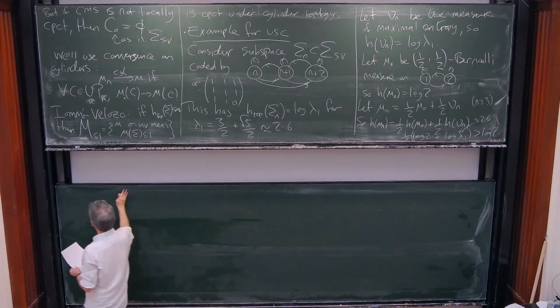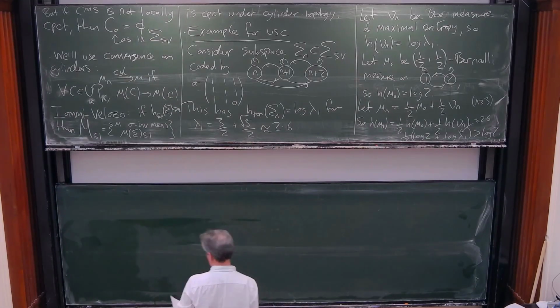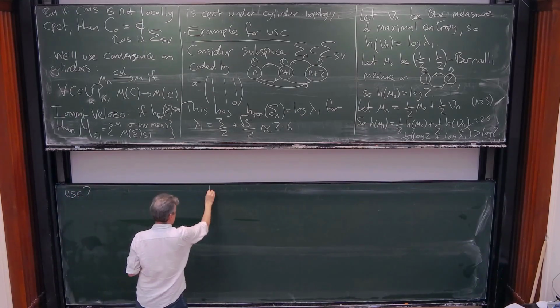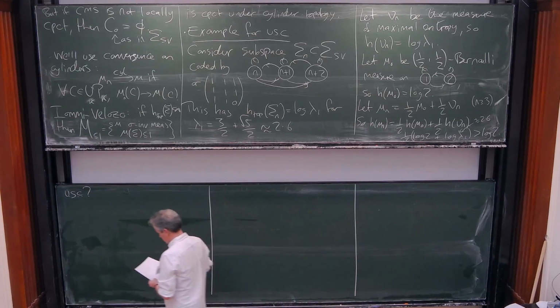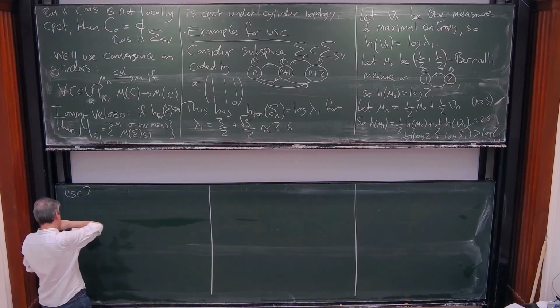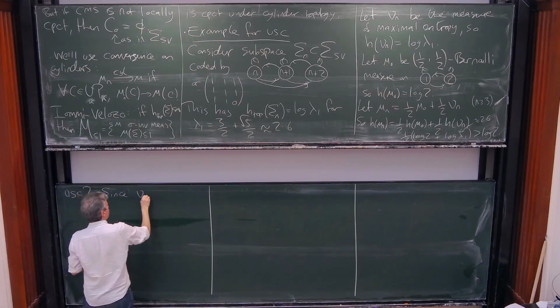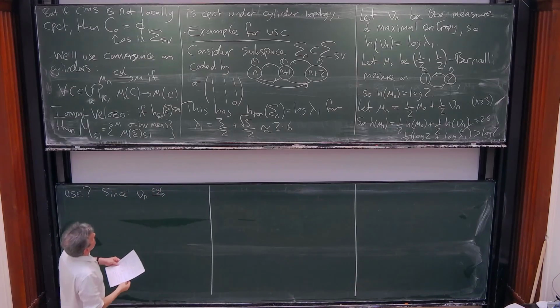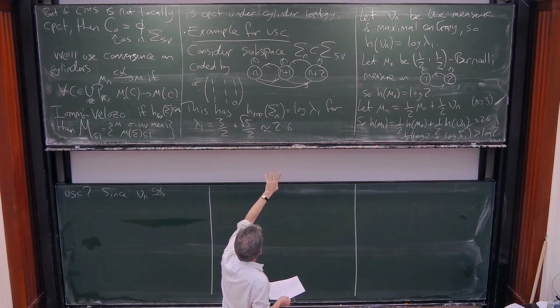Okay, so I'm asking about upper semi-continuity. The first thing to check is what does mu n converge to? So the question is upper semi-continuity, yes or no? First let me show what this converges to. Since mu n converges on cylinders, what does it do? mu n is just supported on sequences of these symbols.